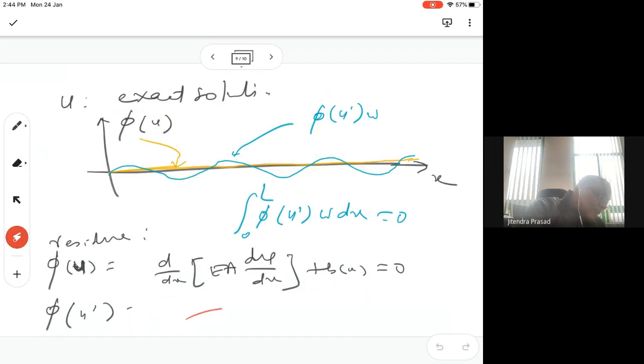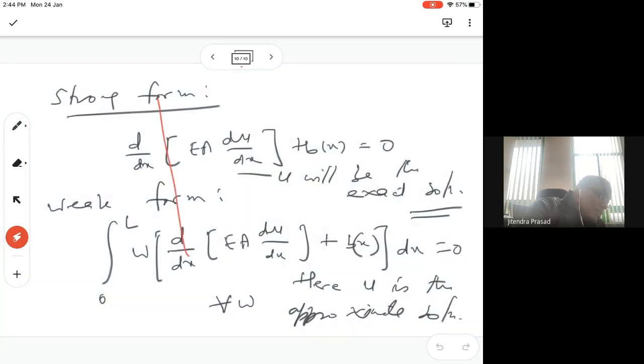Once we have done that, we remove the u dash, because we are going to work with it more and more. But here the solution of this will be an approximate solution to the original differential equation.